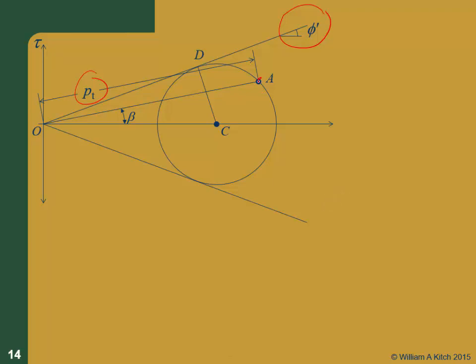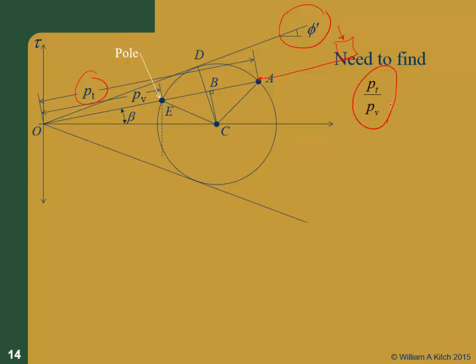Because, remember, I'm going to draw the circle like this, so this is the stress acting in that direction. This is the stress acting in that direction. So this has to be the pole point. And then from there, I can calculate that PV has got to be this value. And I can draw this little triangle in here. And then what I'm trying to find is PT over PV.